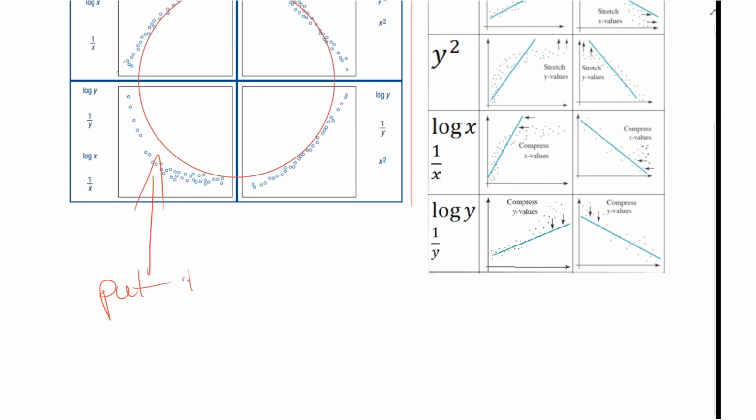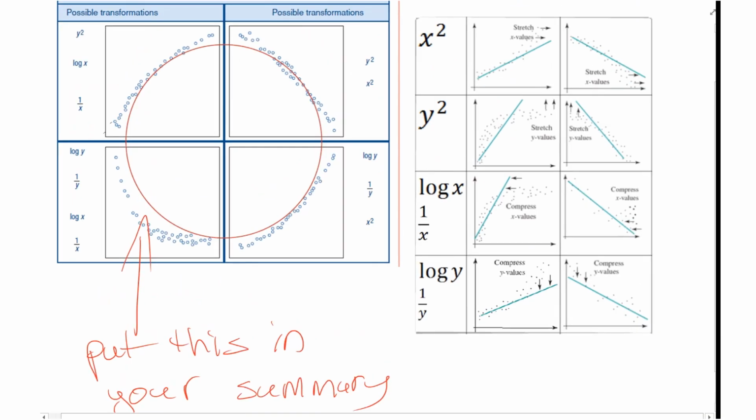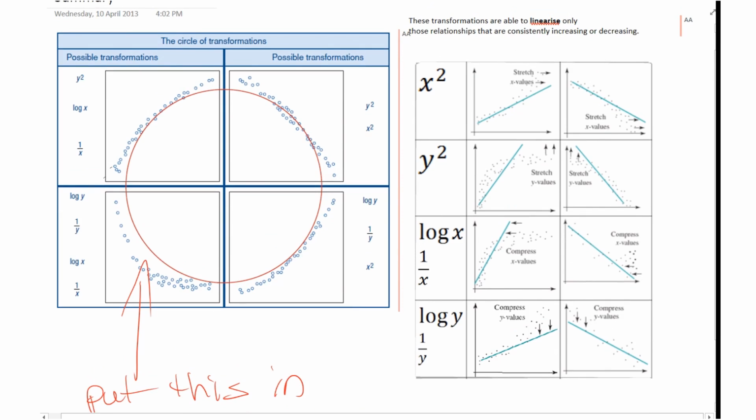Okay, now here's the summary. Put this in your summary book. You'll use it in your SAC, and there's a good chance you'll use it in an exam, even just to know which one's which. So the idea is if your curve looks like that, you will pick these three transformations. If it looks like that, you'll pick those two.